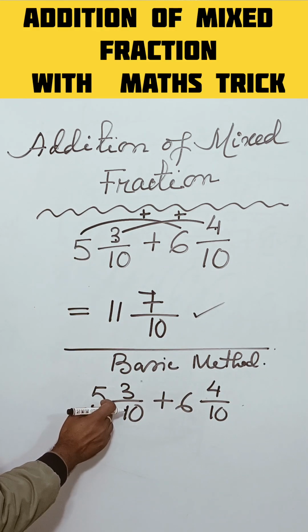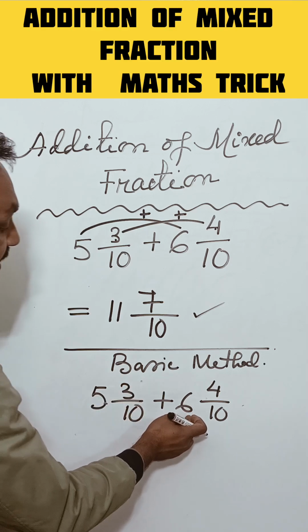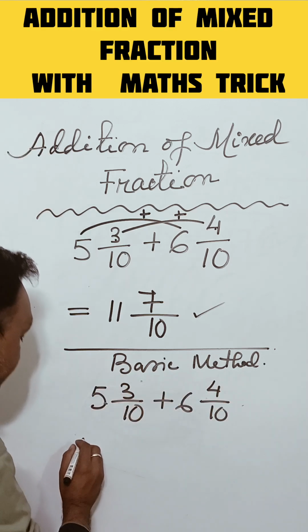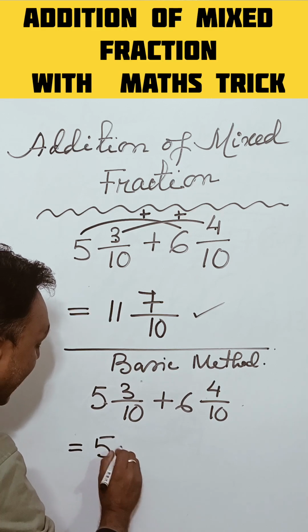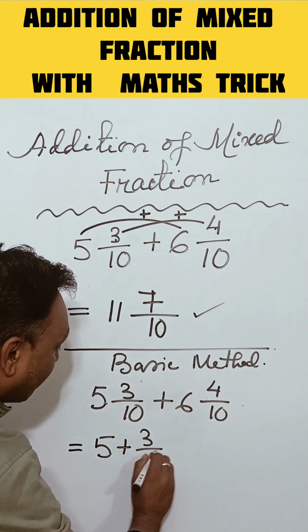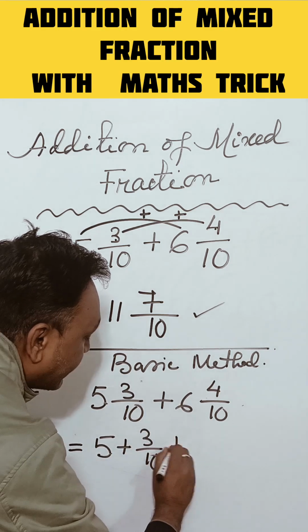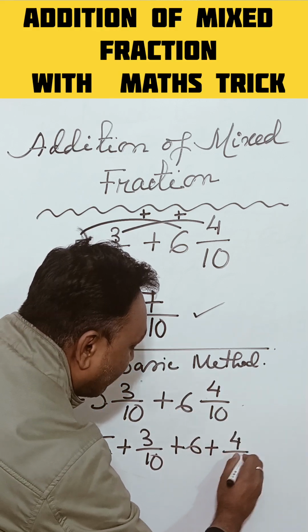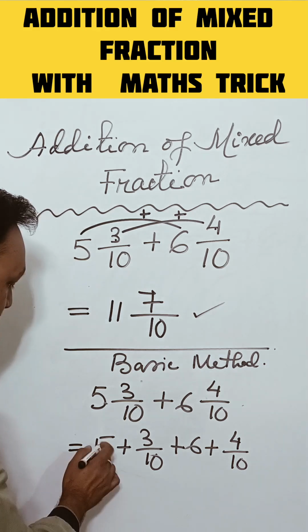This is called 5 and 3/10, 6 and 4/10. If I am going to solve it, this one we can write 5 plus 3/10. This one we can write 6 plus 4/10.